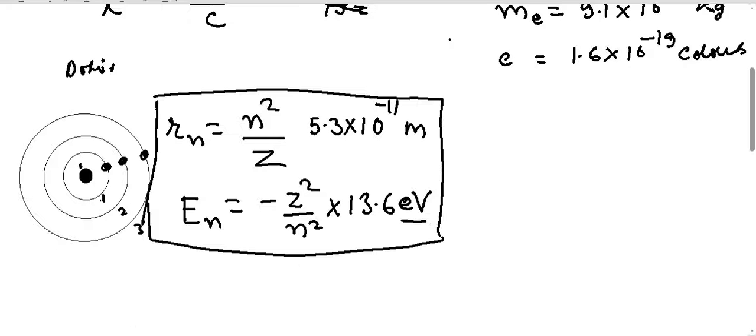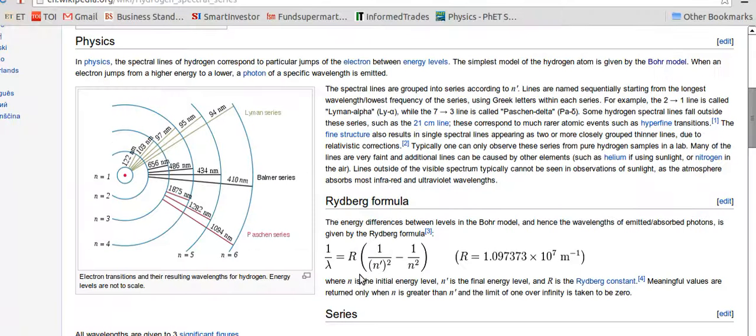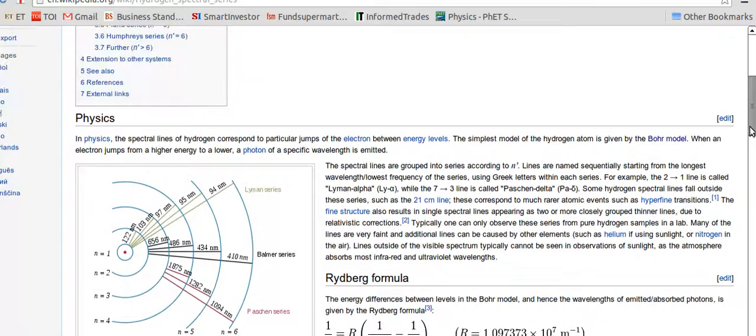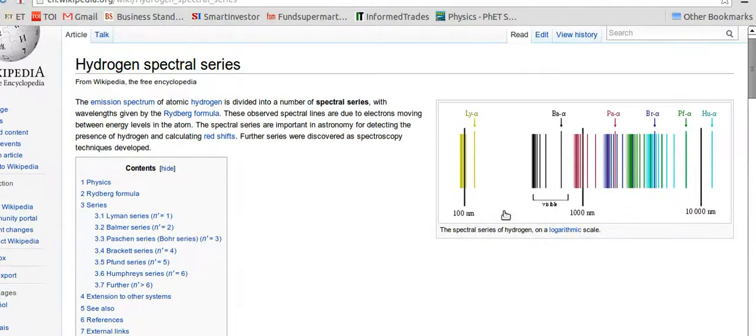Apart from this, we also studied the hydrogen spectral series. We studied that when hydrogen is heated, it emits radiation, and that radiation is not continuous but takes discrete values. This group is called the Lyman series. This group is called the Balmer series. This group is called the Paschen series, and so on.